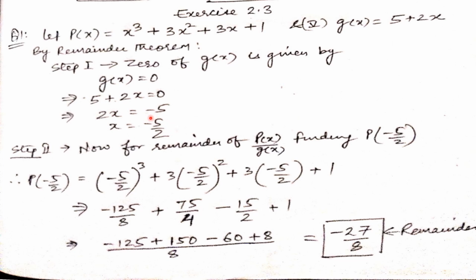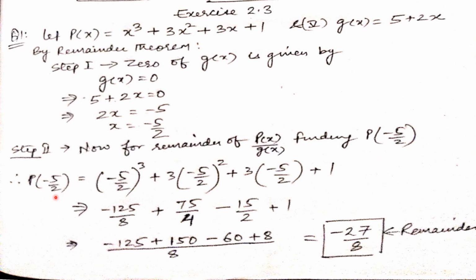After finding the 0 of the divisor, I will replace this in the dividend to find the remainder. So this is step 2. Now for the remainder of p(x) upon g(x), we have to find p(minus 5 by 2). So you can see what we have to do.